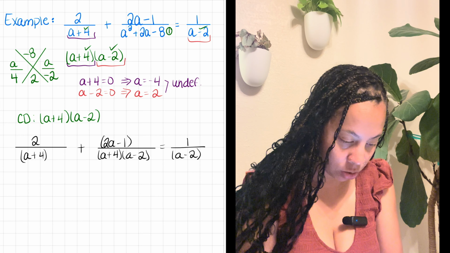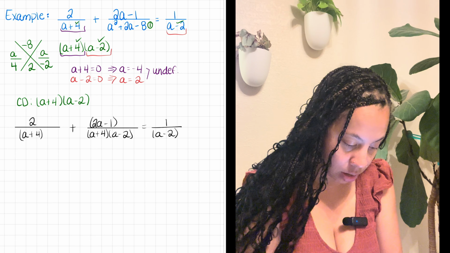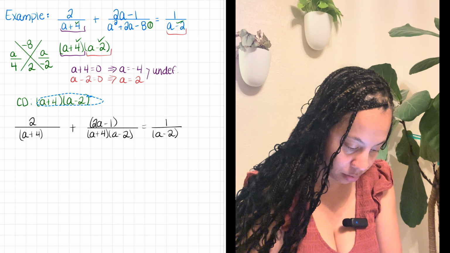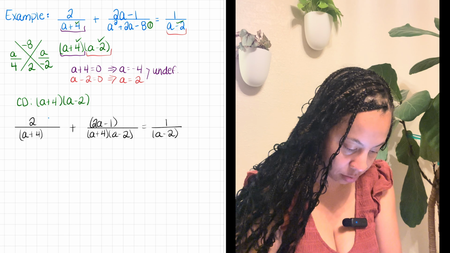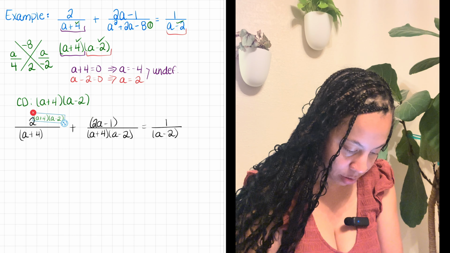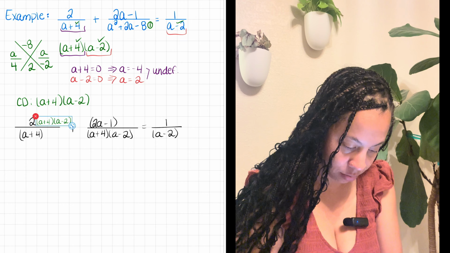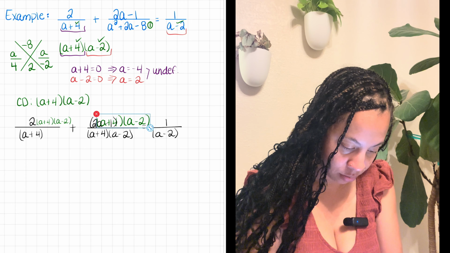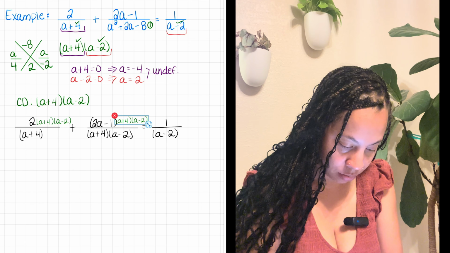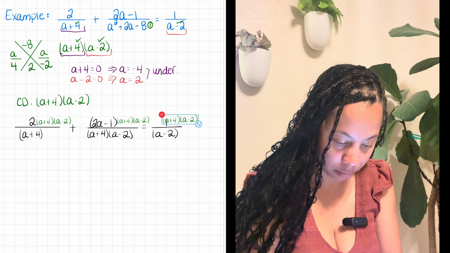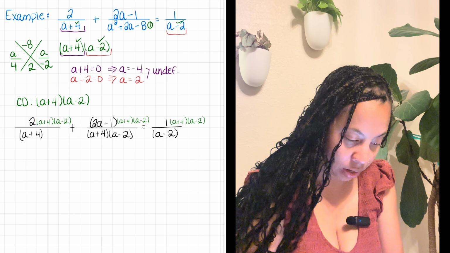Okay, and then we're just going to multiply everything by this common denominator that we have here. Let's make it a little bit smaller. Now we go through and see what cancels.